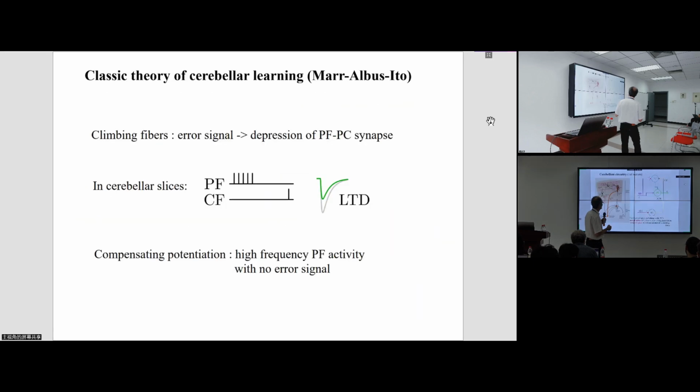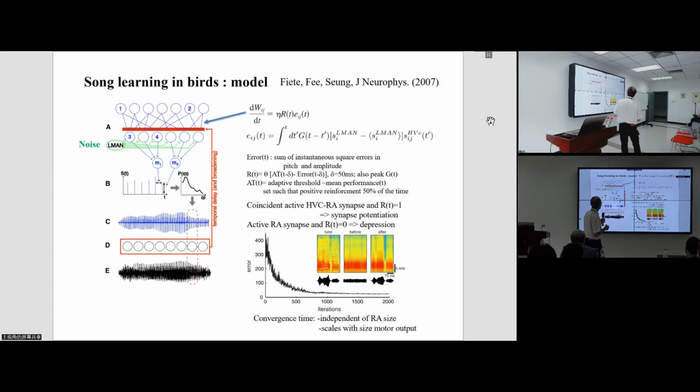Here what they do is compare these two things, and they sum the error in pitch and amplitude, and this is the error that is computed for this time step. This is what you do. And when you have the perturbed song at this precise time element, you ask, is it better if I have increased the firing of some neuron, or is it worse?